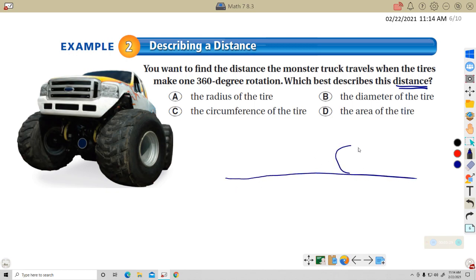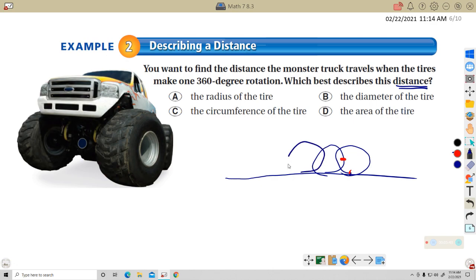If I have a tire on the ground and I have a point on the tire, like right here, and I start to roll this tire, if I take a quarter turn, now that red point's up here.